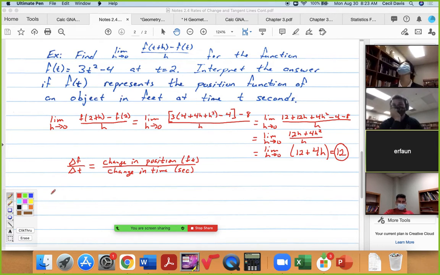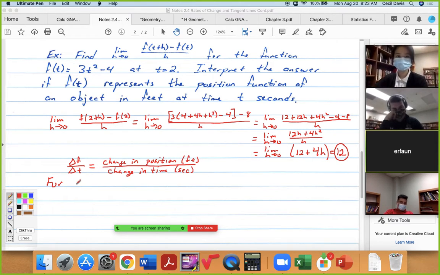So, for the object, at time equals 2 seconds, what is it that we are finding?